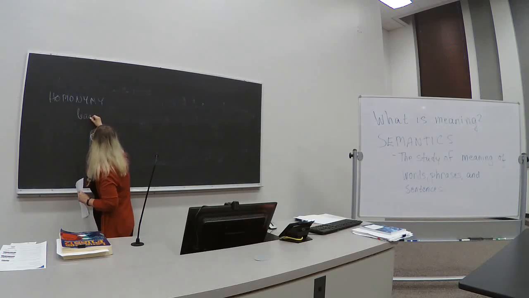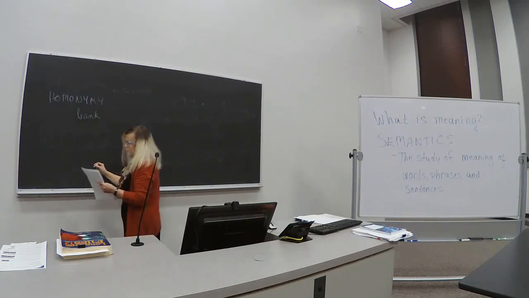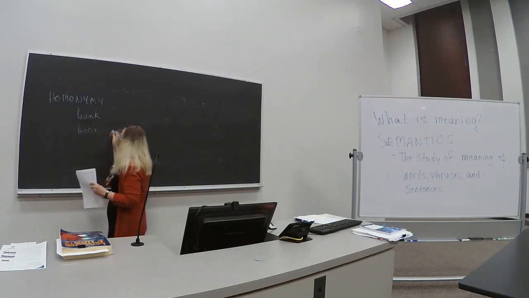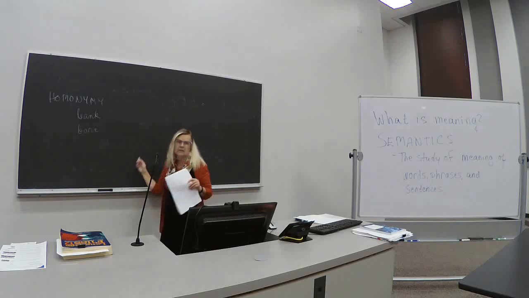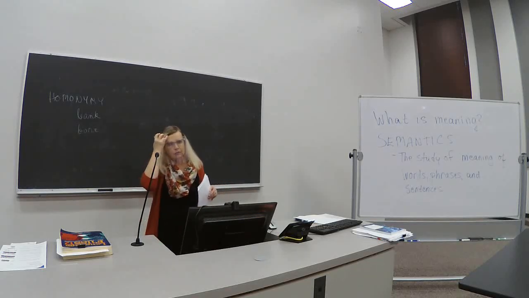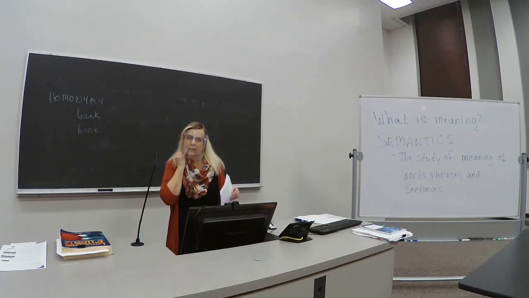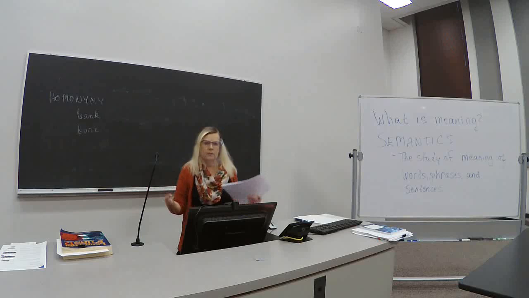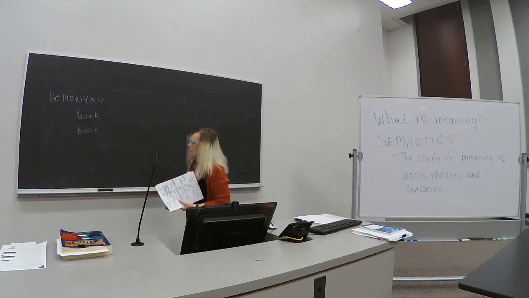And an example often used is a word bank, or the word bore. So the word bank has actually at least two meanings. It has the meaning of a river bank, right? And it has the meaning of the financial institution where we keep our money.